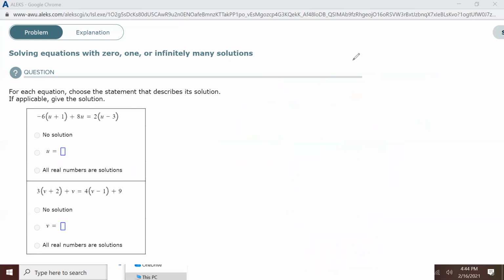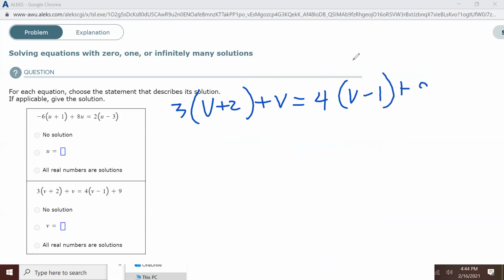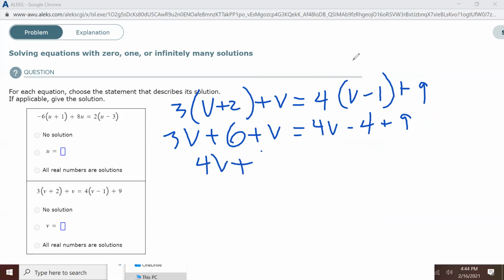On that one, we start off the same way by multiplying away the parentheses so that we get 3v plus 6 plus v equals 4v minus 4 plus 9. Combining like terms, we get 4v plus 6 equals 4v plus 5.